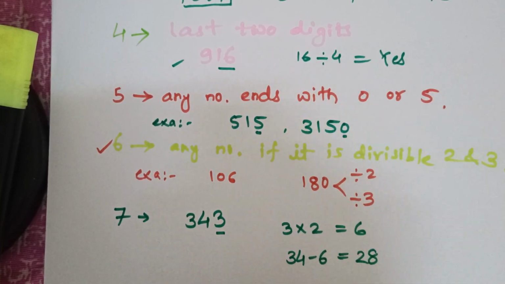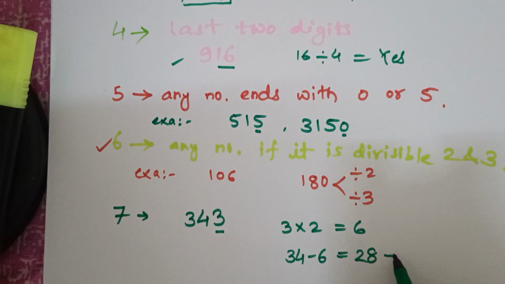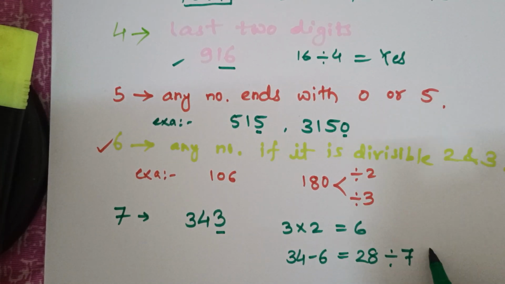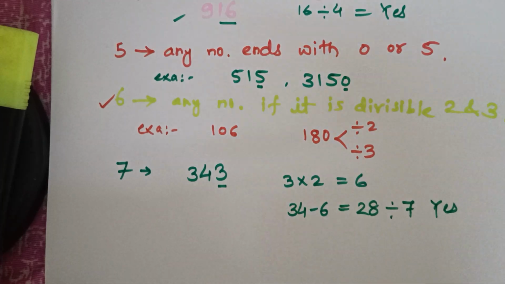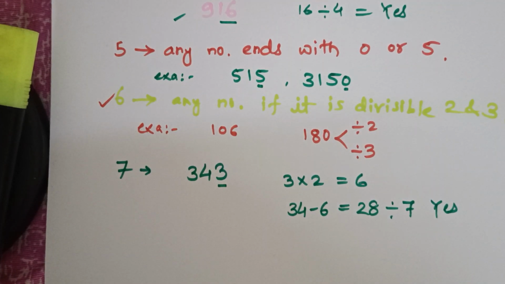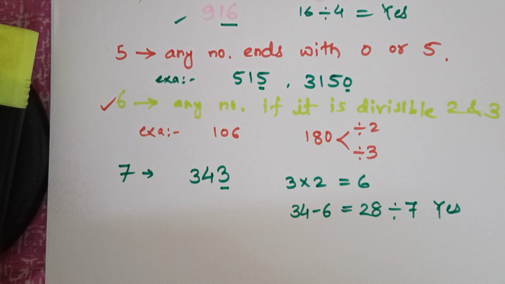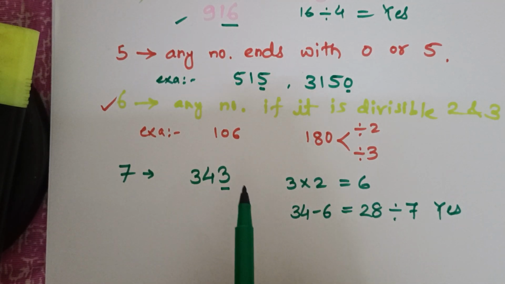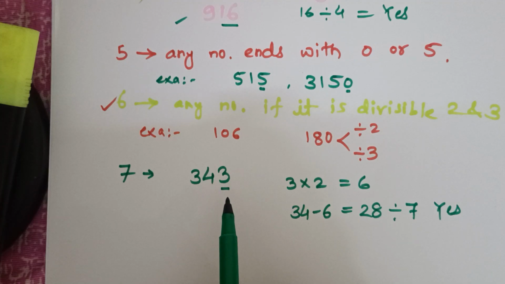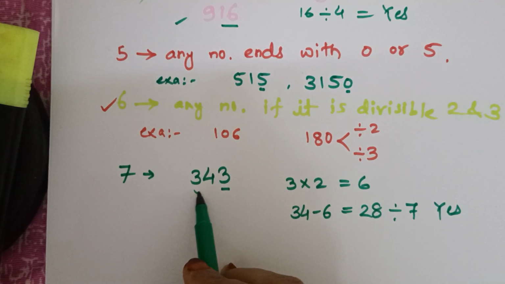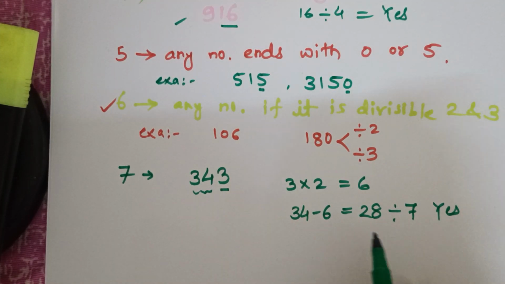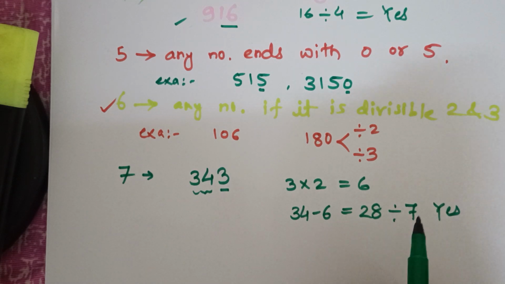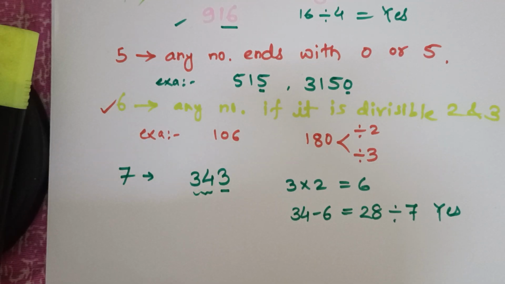What is the answer? 28. If this 28 is divisible by 7, yes, then the number is also divisible by 7. It is that easy. Again I'll repeat: for the divisibility rule of 7, you check the unit digit, double it, and subtract it from the leftover number. If the result is divisible by 7, then your number is also divisible by 7.